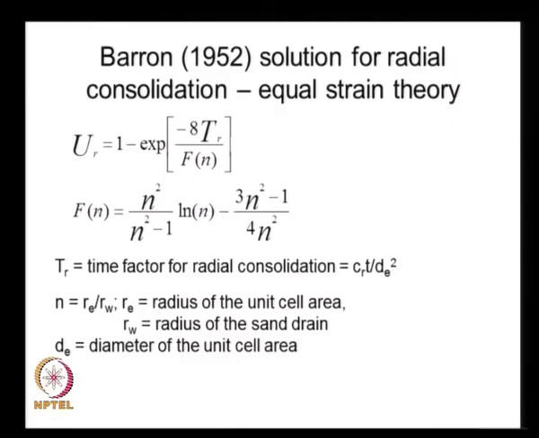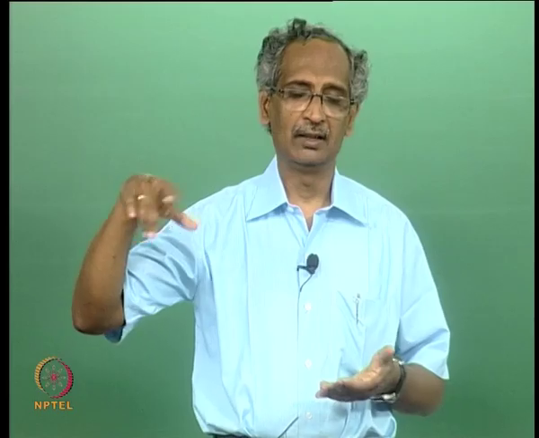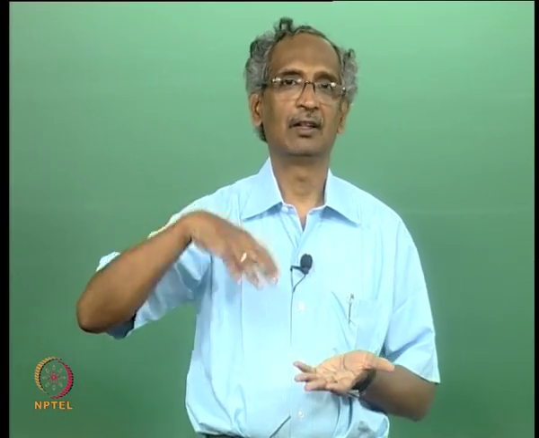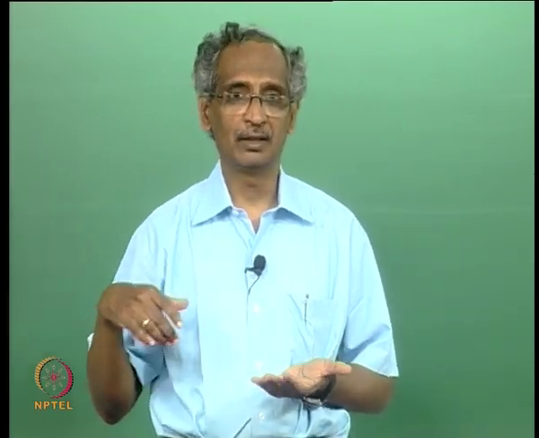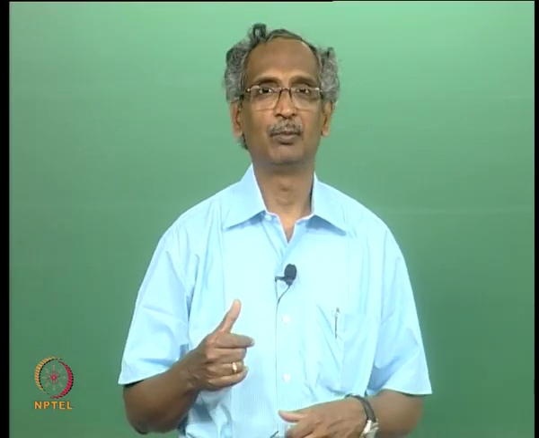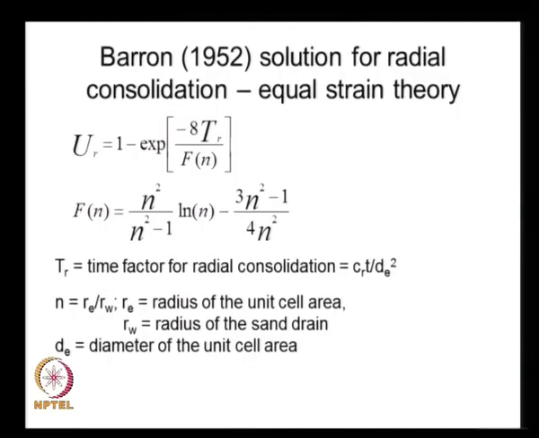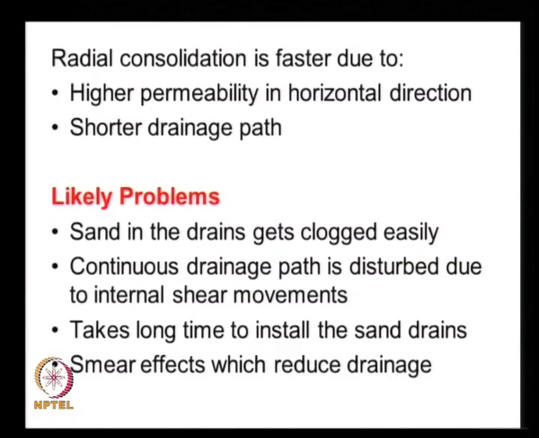There are different patterns, that is one is a square pattern wherein along length and width the sand columns are installed at equal spacings, and the other is a triangular pattern that we will see a bit later on, and rw is the radius of the sand column, and de is the diameter of this unit cell area that is influenced by each of these sand columns.